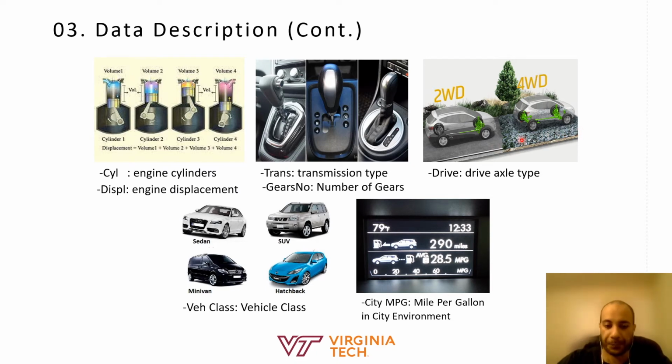For the fourth picture here, we have vehicle class, which is whether the car is a sedan, for instance, or an SUV, or a truck. The last one is the city MPG, which is miles per gallon, and I'm pretty sure that every one of you understands what MPG means.